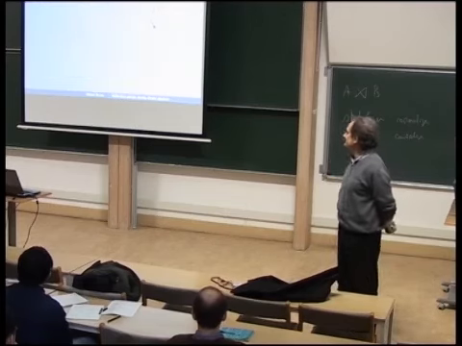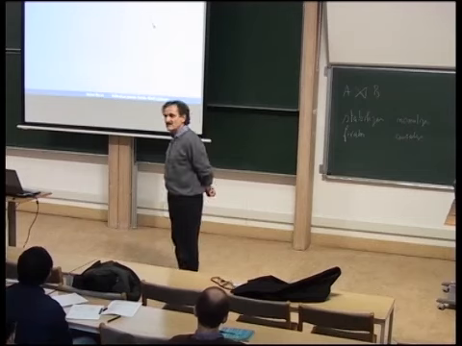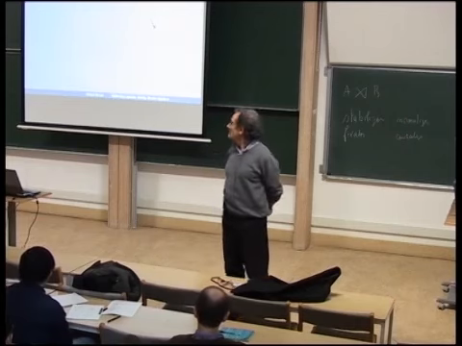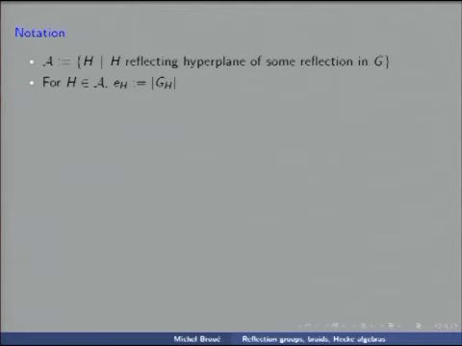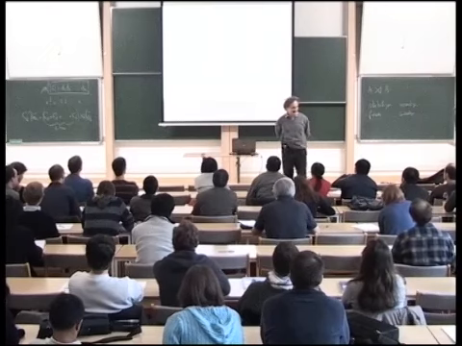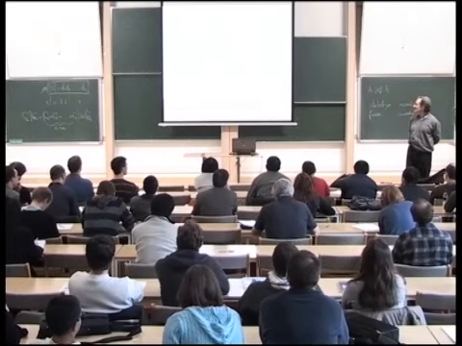Okay? Let me put some notation. Let me call A the arrangement, the set of reflecting hyperplanes for a group G. And for a reflecting hyperplane, let me denote by e_H, the inertial index, the order of the cyclic group, the fixator of the hyperplane.